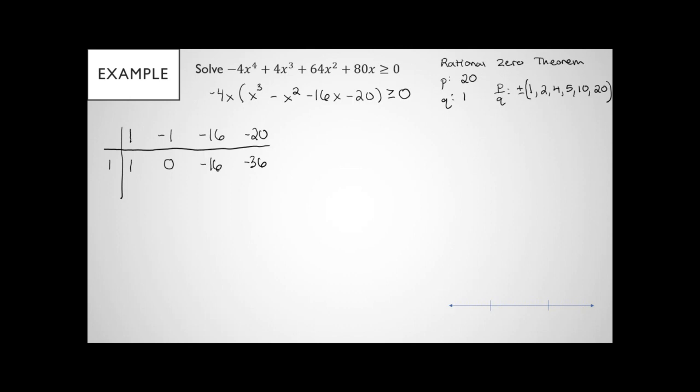So let me try the number 2 and see if that works. So I'm going to use 2 times 1 and then minus 1. So that's 2 minus 1, which is 1. 2 times 1, then minus 16, we get -14. Then 2 times -14, then subtracting 20, I got -48.